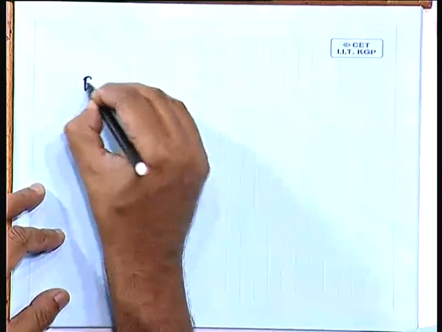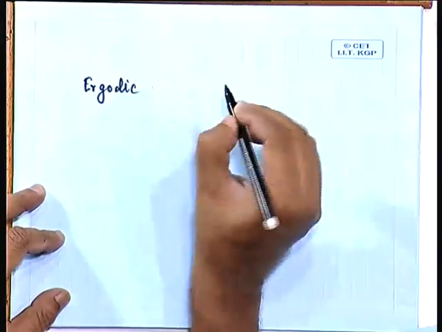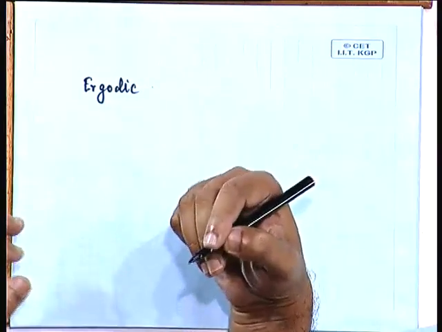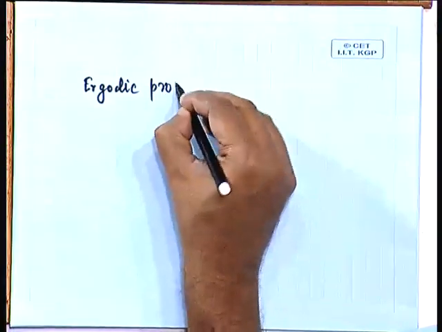And an ergodic process means that the expected values can be calculated by averaging only one sample function. That means the n observations that we have made are one sample function, and if you can calculate the expectation based on this one sample function observation only, then that will be described as an ergodic process.